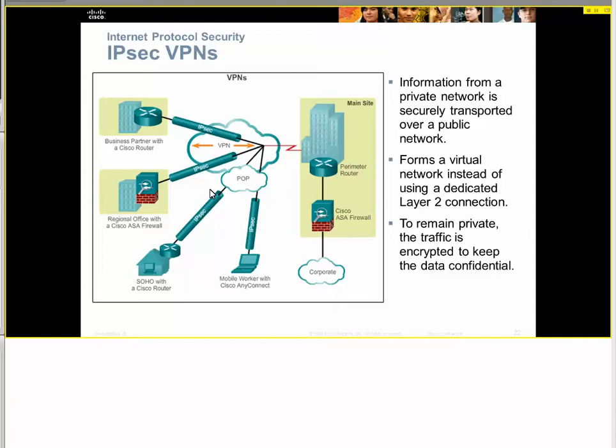So the idea of an IPsec VPN is that we can now transport critical data, secret data, non-shareable data between two networks that have no idea that there's a WAN in between them, yet everybody else on the WAN can't see the data.